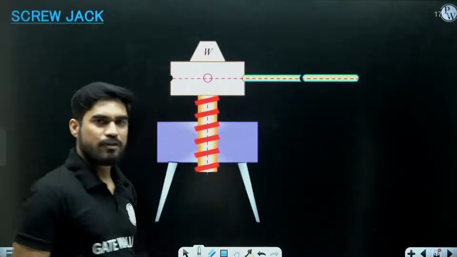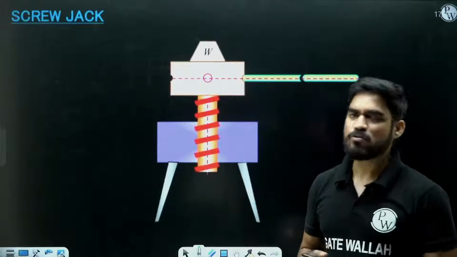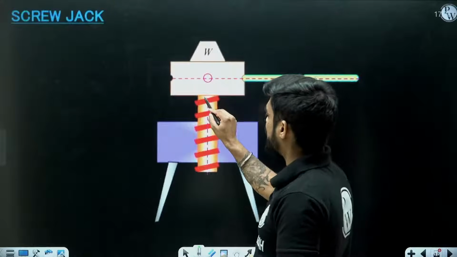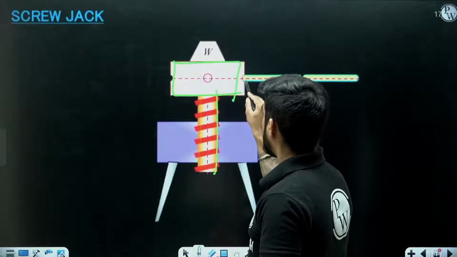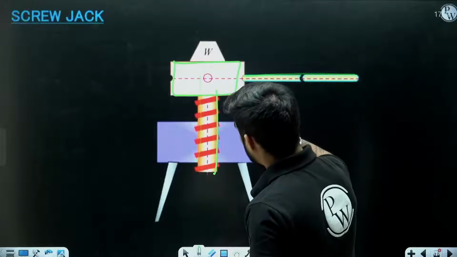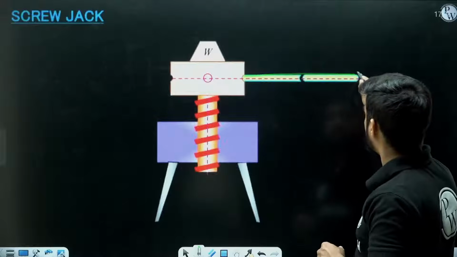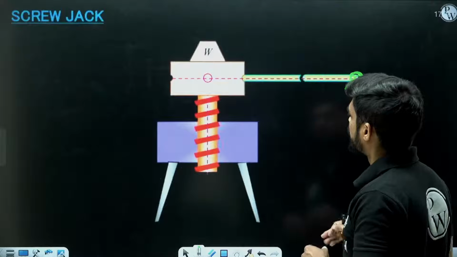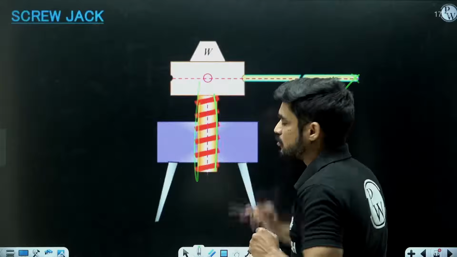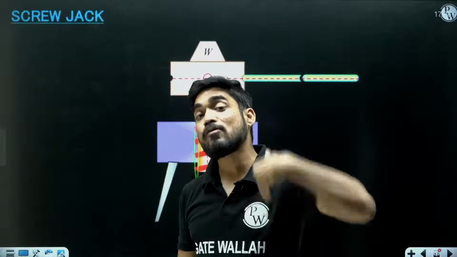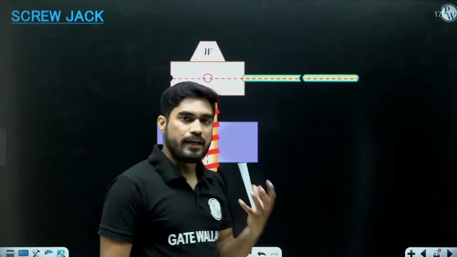But what happens is, it is not that effective. So what we do is, we put a lever on the screw. You can see that this is the head of the screw and we have attached a lever. So instead of applying a force on the surface of the screw, we are going to apply the force here. So when this force will rotate the screw, we'll get much more effort. Are you getting what I am saying?